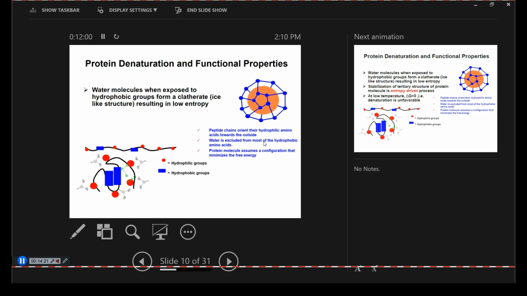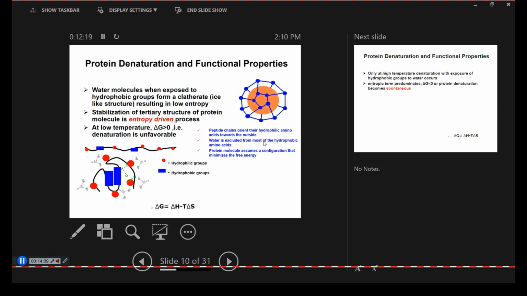So basically the protein assumes a structure or configuration that minimizes free energy. This is just to remind you that the stabilization of a tertiary structure is entropy driven. Any change in entropy will result in a change in delta G, obviously.